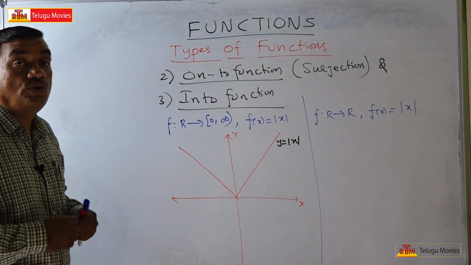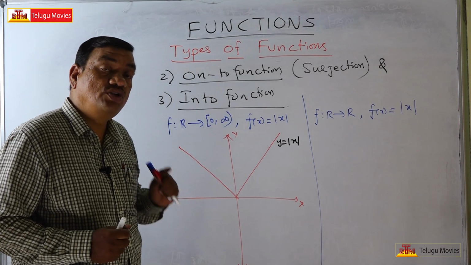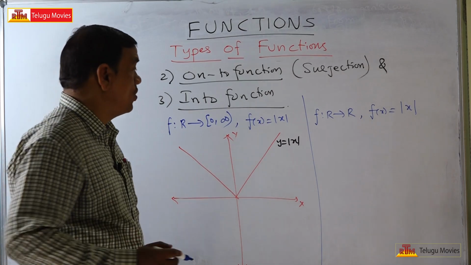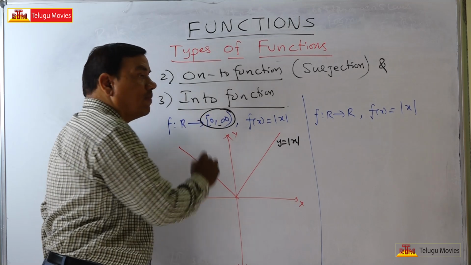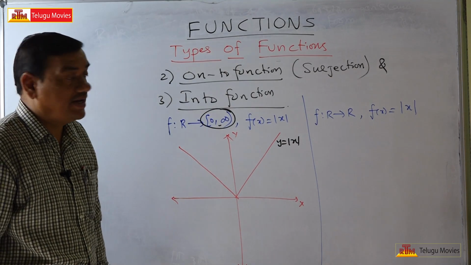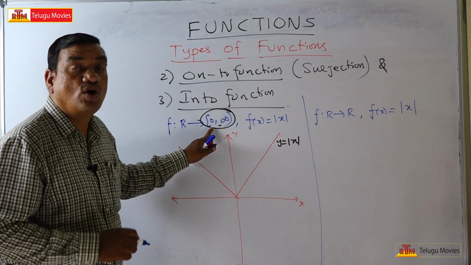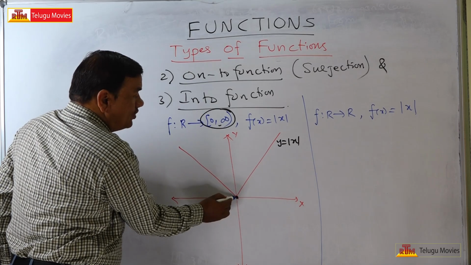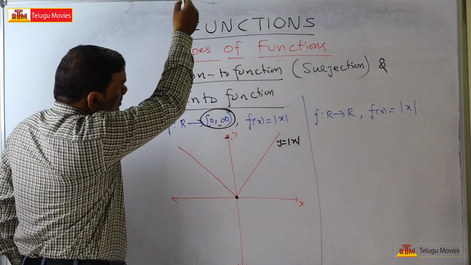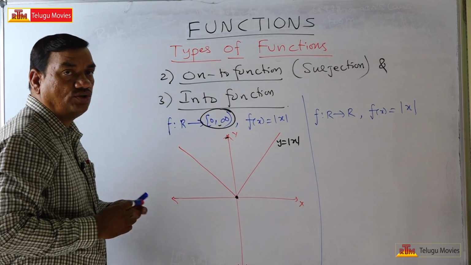Now, to check whether it is an onto or into function, you have to take any point from the codomain. What is the codomain here? 0 to positive infinity. Codomain means y values, so it is the positive y-axis.